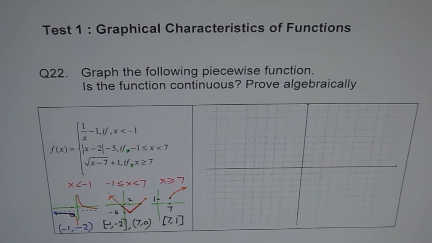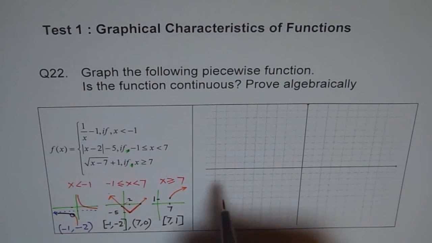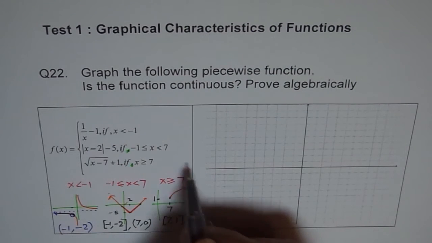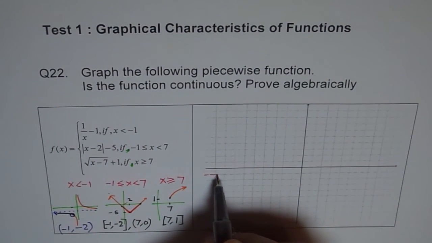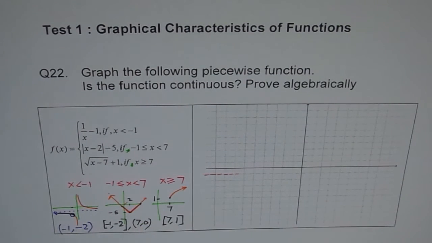So let's start from left to right, okay? So as you see from left part, there is 1. So here we have a horizontal asymptote at minus 1 because of this, correct? So basically our function will be approaching minus 1, correct? That is it. Now, basically it starts from which point?